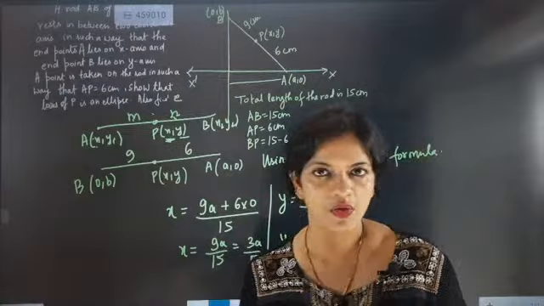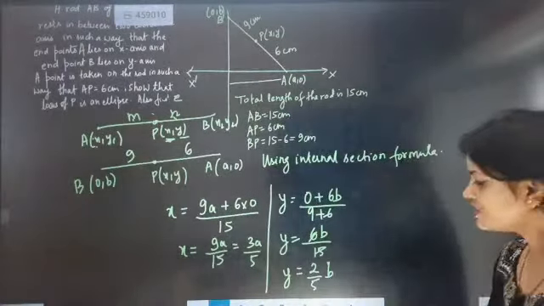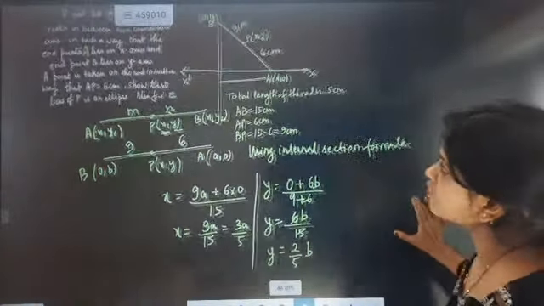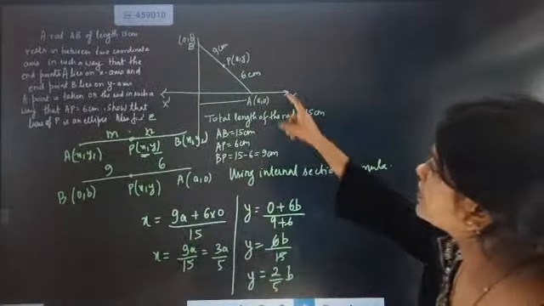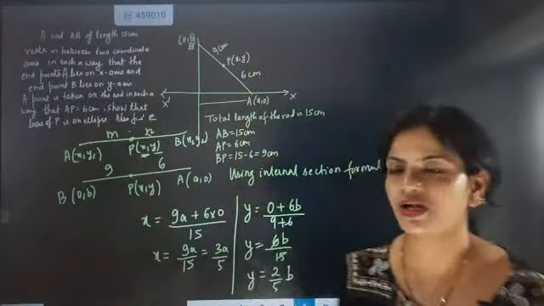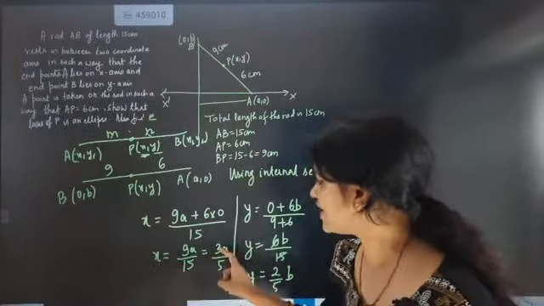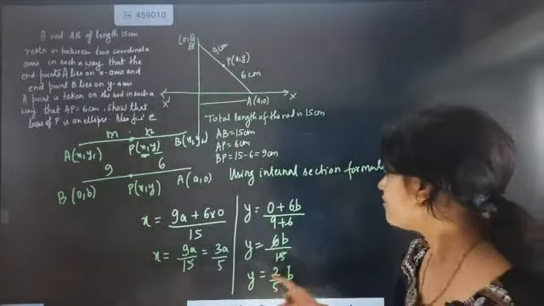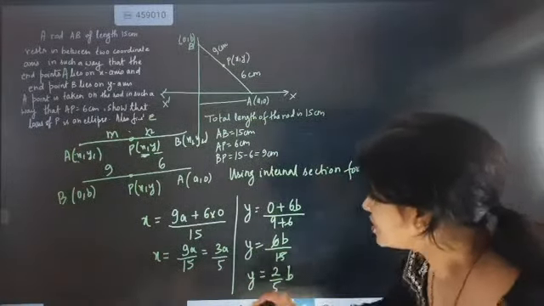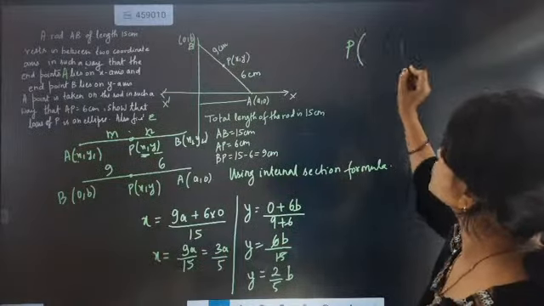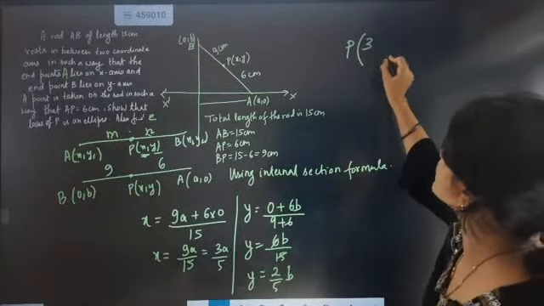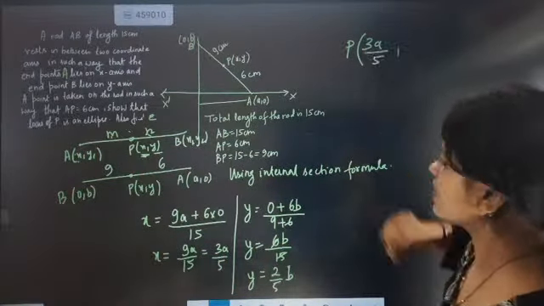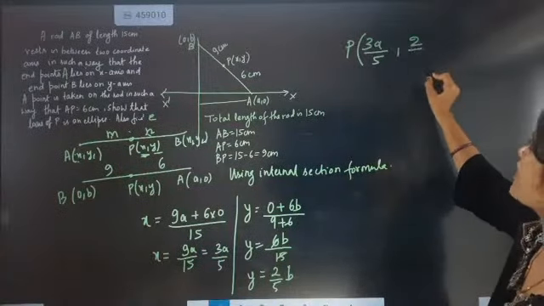This is okay. So now we got this arbitrary point P. Now we got x value as 3a by 5 and y value as this. So this is the only point P. So now P point we are getting as 3a by 5 and 2 by 5 b.